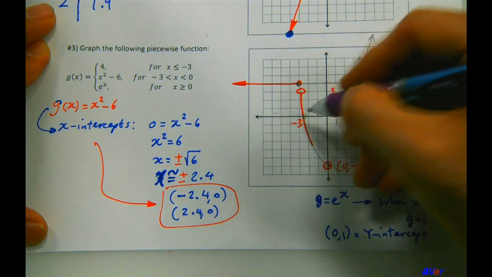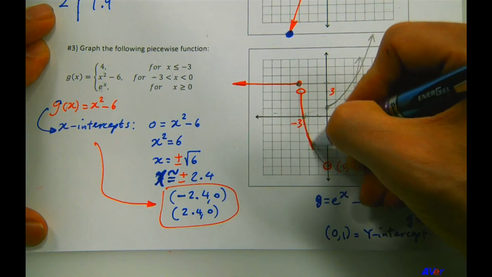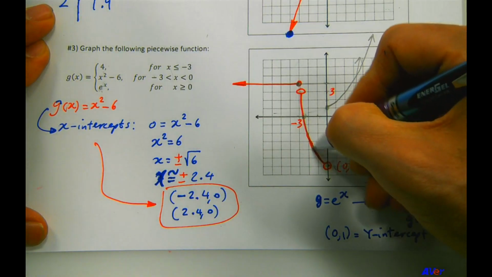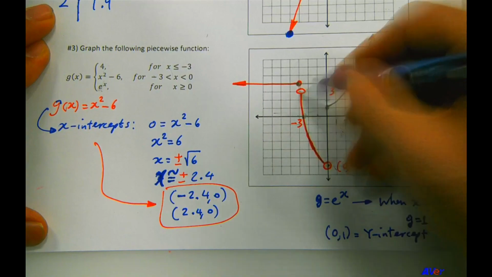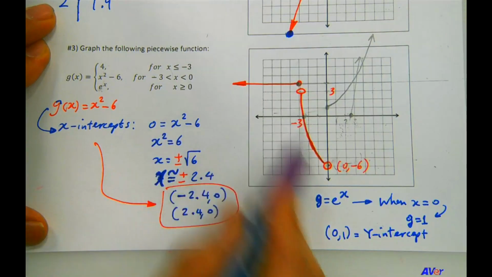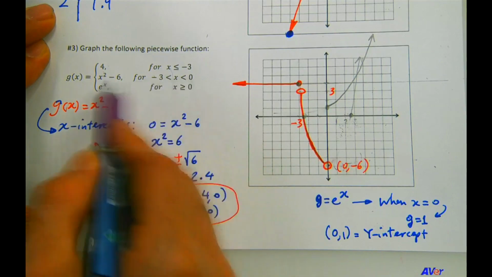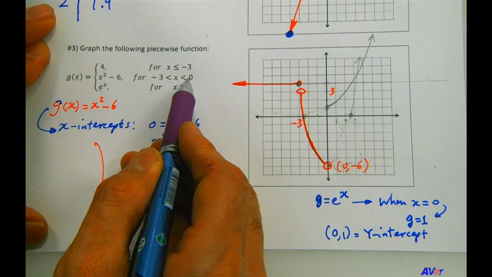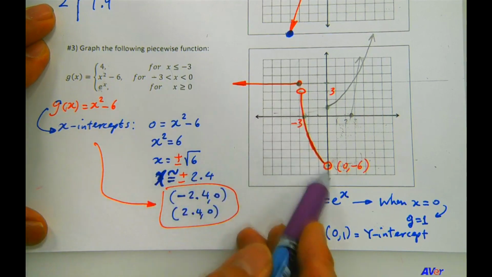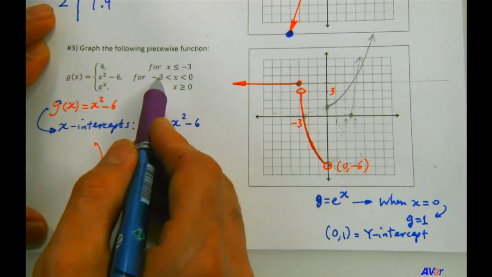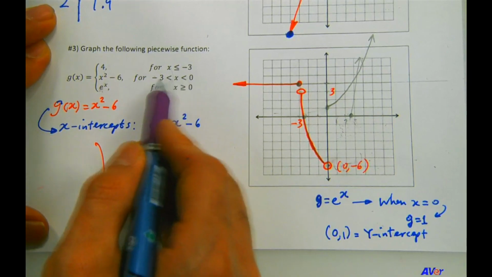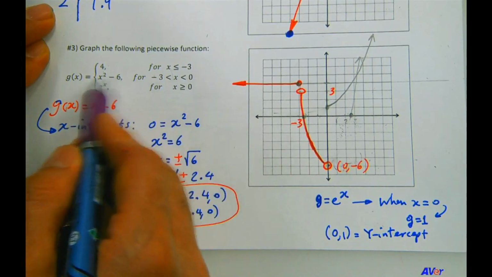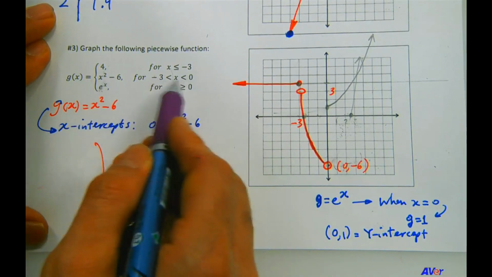It's going to come down, hit that, and stop. So that curve represents this function over this interval. Once again, this curve with hollow circles at the ends, because 0 and -3 are excluded from x, represents this function over this interval.